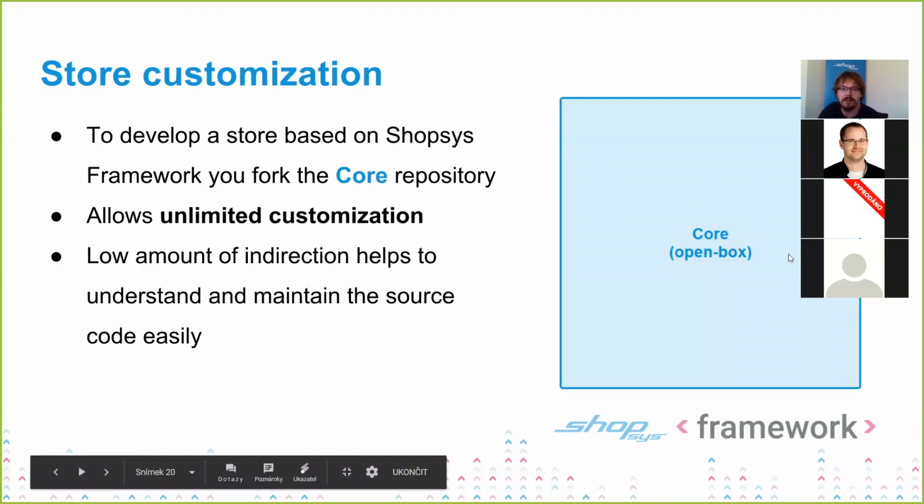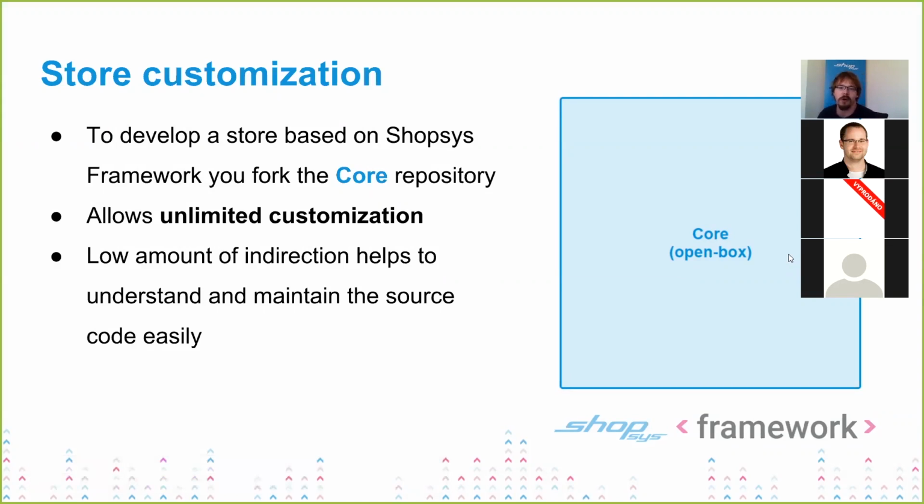For the main repository, which we call core, we decided for open box extensibility type, which means that if you want to customize the functionality, you fork the core repository and you maintain the code from that point on.